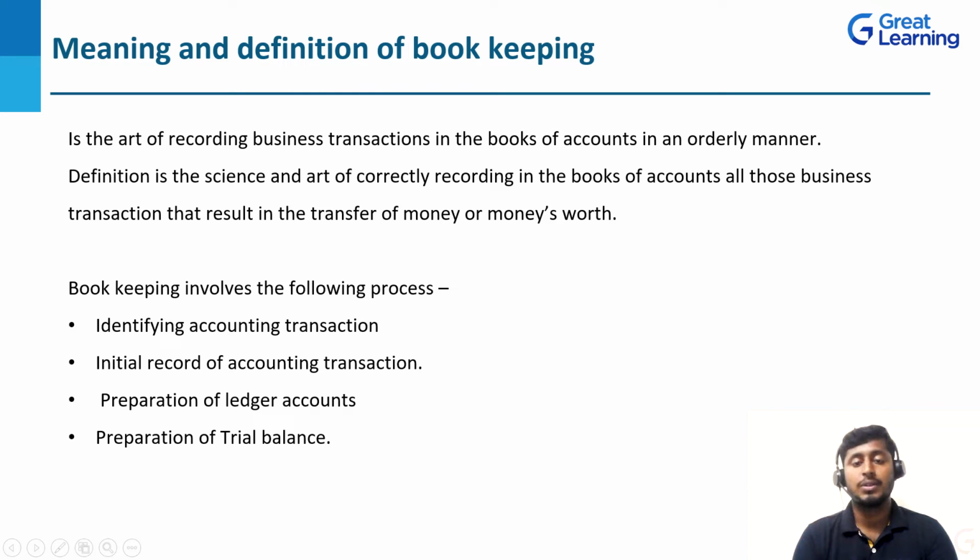Second step, initial record of accounting transactions. All your books of accounts, either journal entry, trial balance, ledger account, P&L account, balance sheet, all your financial statements, the first step is we need to start with the bookkeeping. If you have a transaction, where will you get the transaction from?